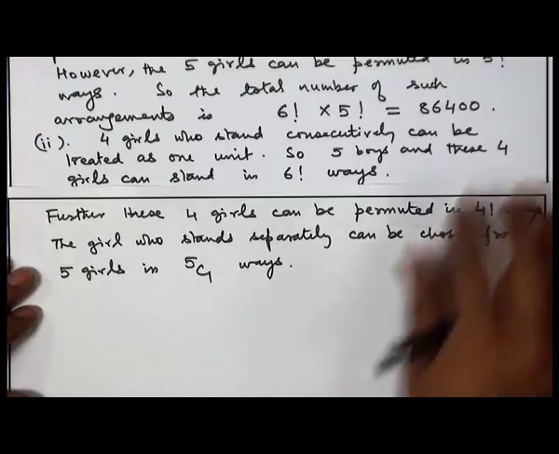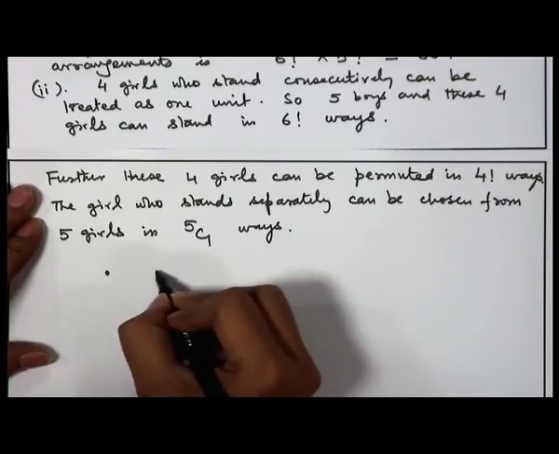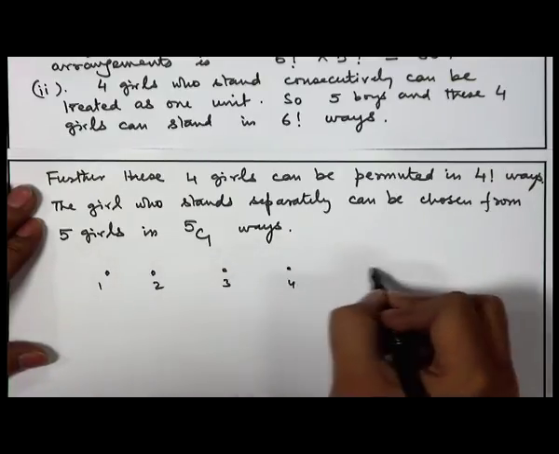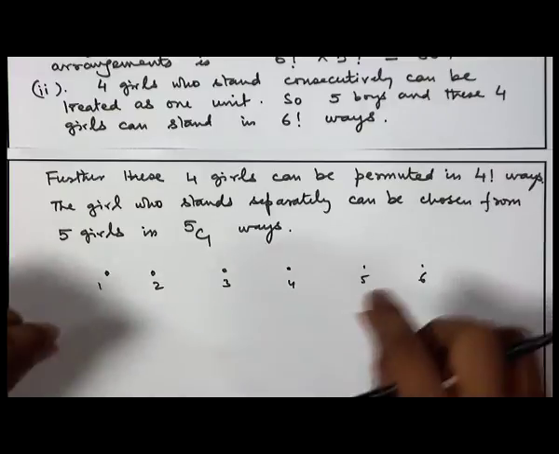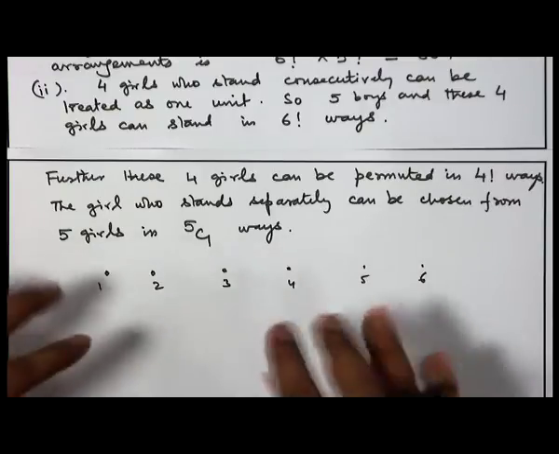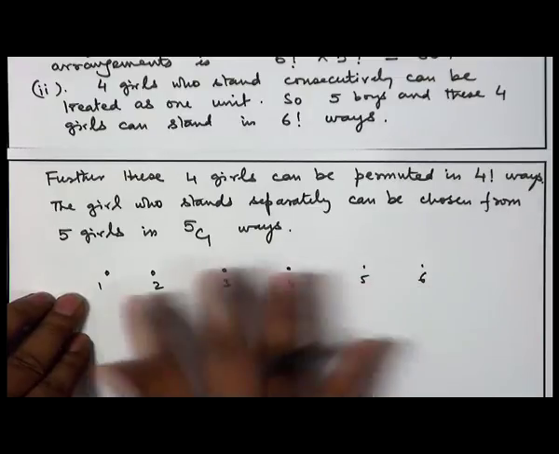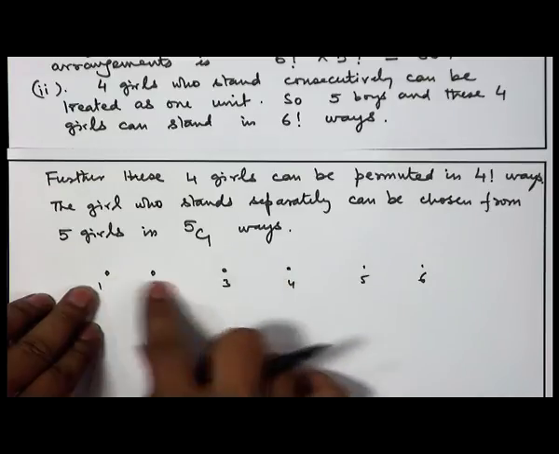So, let us look at the arrangements now. You can have 1, 2, 3, 4, 5 and 6. That is the 4 girls treated as one unit and 5 boys, they are standing in 6 factorial ways, and then there are other counting also. So, let me just say that they are placed here.